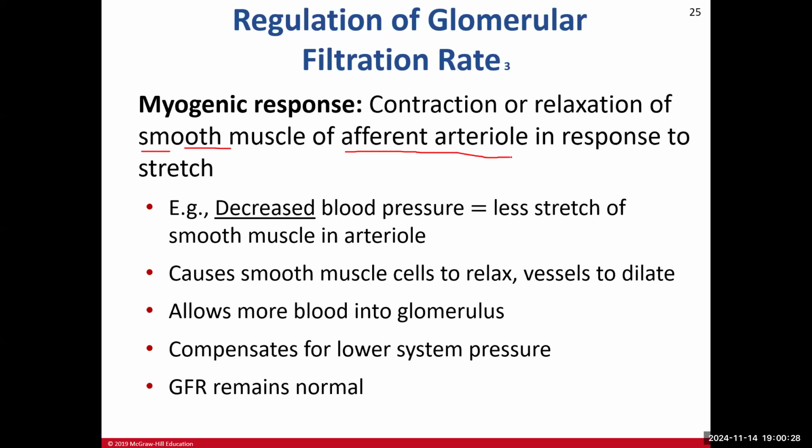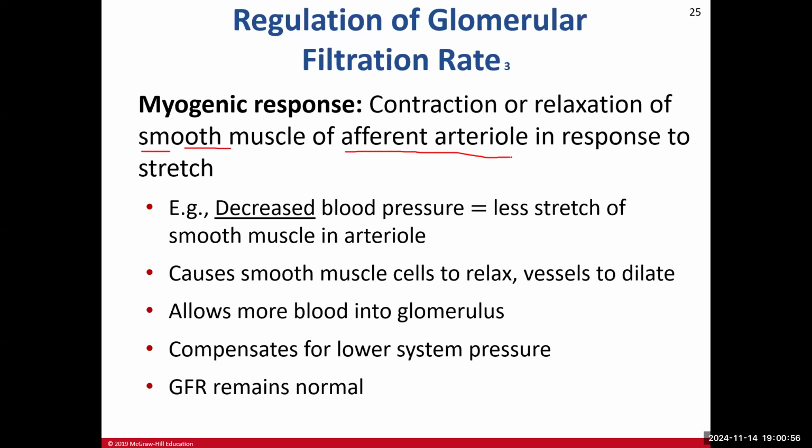That causes the lumen of the afferent arteriole to increase through vasodilation. That allows more blood to enter the glomerulus there. And then we'll see we maintain that glomerular filtration rate, because if you have a decreased blood pressure, you're going to see a decrease in blood flow.